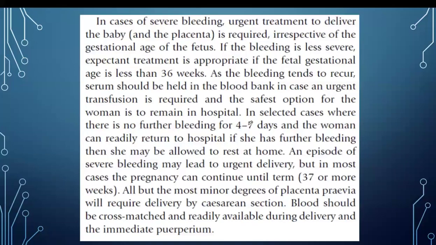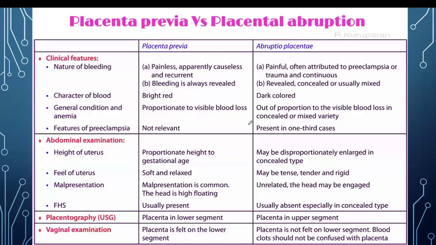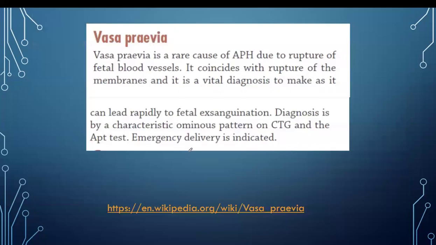So ideally, if the baby is dead, then aim for vaginal delivery. If there is fetal distress, then you go for C-section. That's the treatment. So I've given a bit of the difference between placenta previa and abruptio placenta, but you should already understand it. Please give it a read.